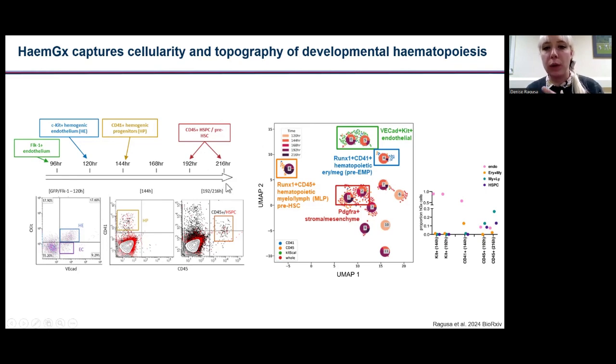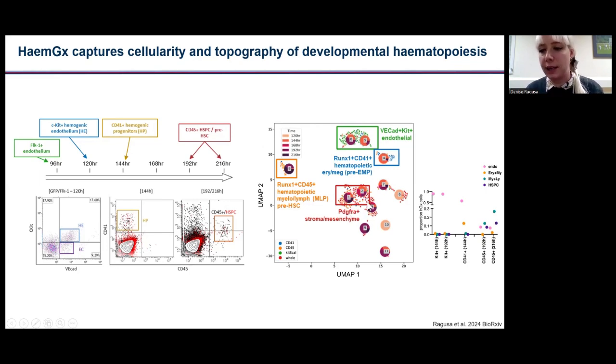We also, with the use of single-cell RNA sequencing, were able to cluster these populations, and the transcriptional identity of these markers does correspond to the populations that should be arising during embryonic development. Interestingly, we also see non-hematopoietic cell types.